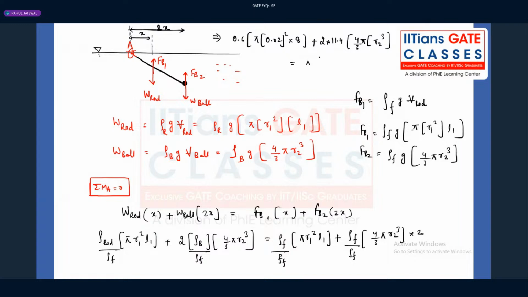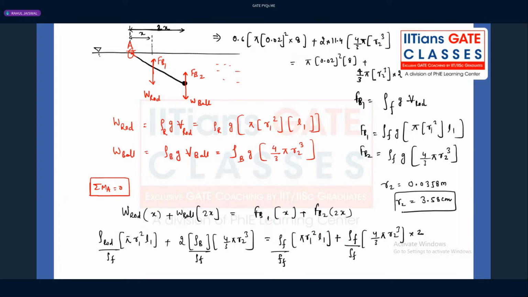That should be equal to pi 0.02 whole square into 8 plus 4 by 3 pi r2 cube into 2. If you try to calculate, you are going to get r2 as 0.0358 meter. That means it is 3.58 centimeter.